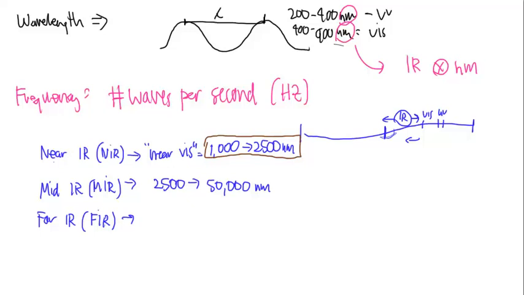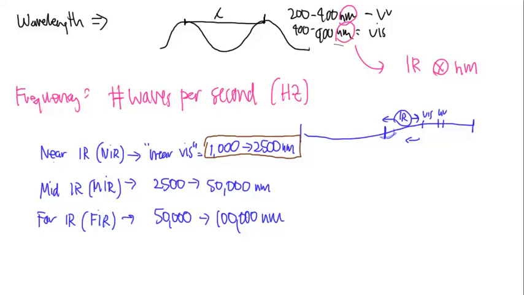Well, for far infrared, we're going to pick up here at 50,000, and this is going to go all the way to 100,000 nanometers. Again, very wide range compared to the others that we're accustomed to.